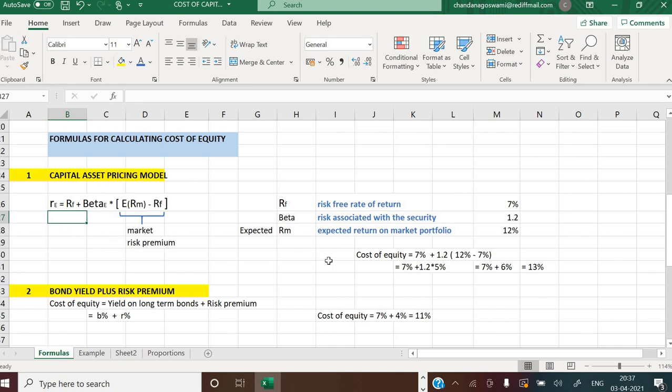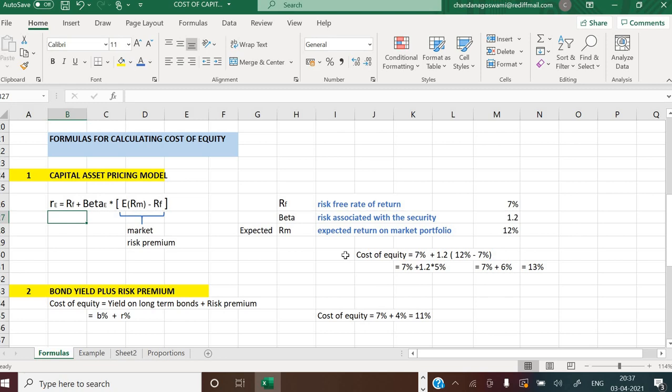I have taken an example out here where I have taken risk-free return as 7%. By the way, this risk-free rate of return is anything that you would earn by investing in government bonds or by putting your money in the bank, where practically there is no risk. So that I have put it as 7%.